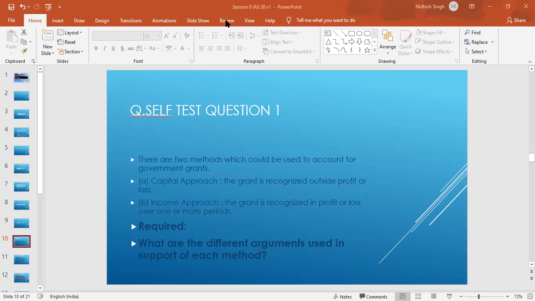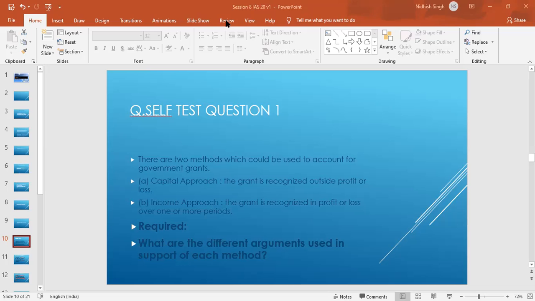What is better from the accounting perspective? Because from the finance perspective, it could be better that we reflect in the capital approach, because the balance sheet will look stronger, healthier and investor friendly. But from the accounting perspective, what is better? What reflects economic transactions better?